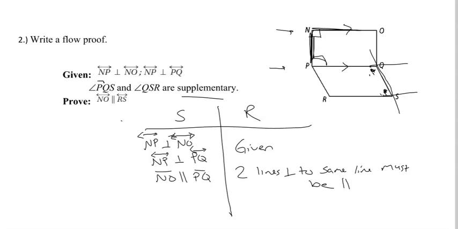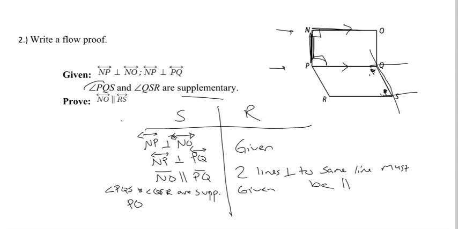Then I know this stuff. I am going to write it out. Angle PQS and angle QSR are supplementary. Given. Therefore, now I can say those other ones are parallel.